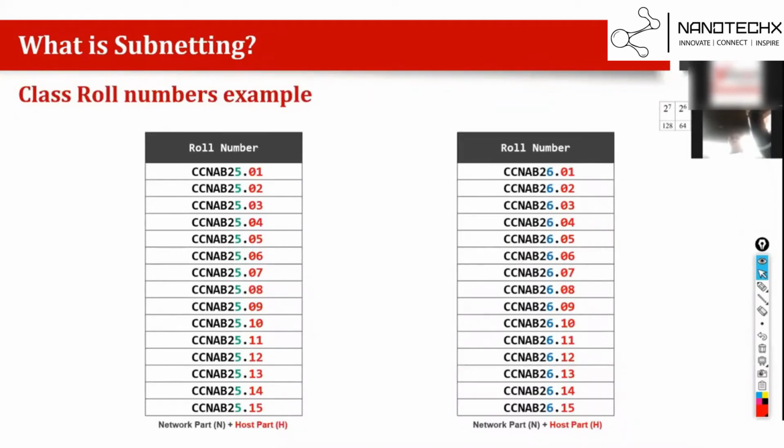Some parts are fixed and some are variable, like roll number and class. The classroom number tells us where this person belongs, and then the number 1, 2, 3, 4, 5 tells us the number of the student. Similarly for all other classes. This is how we do subnetting as well, so it is 100% the same concept.